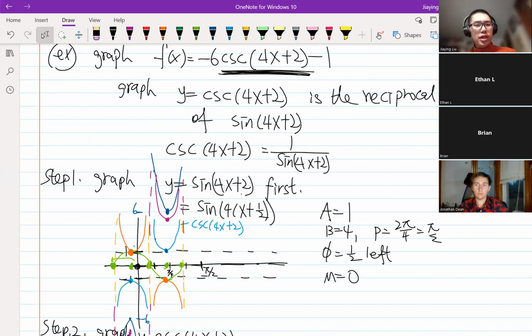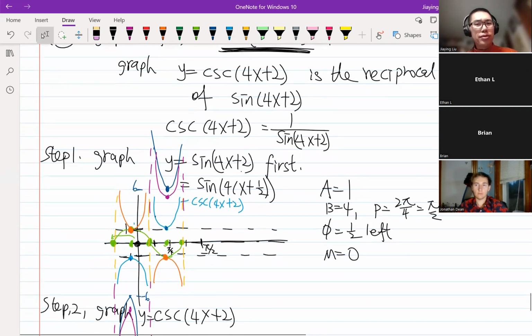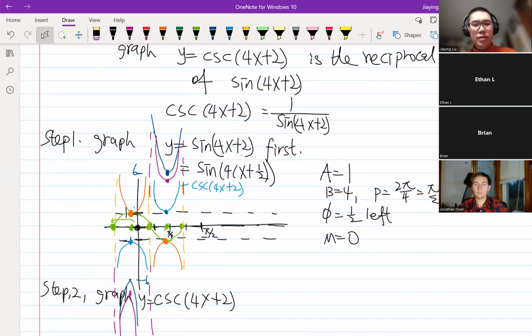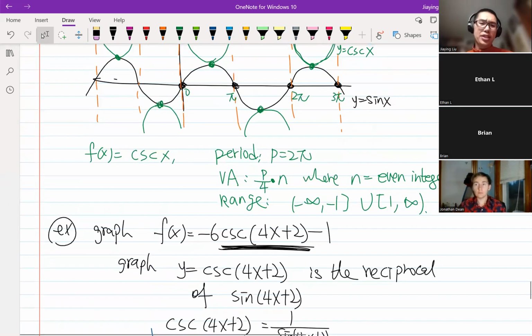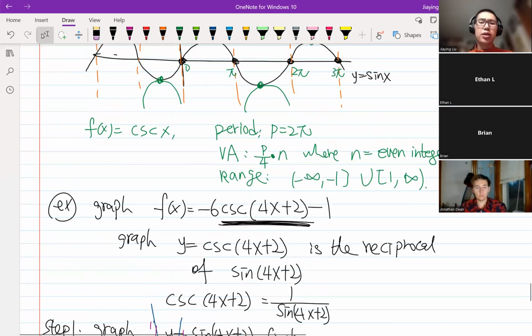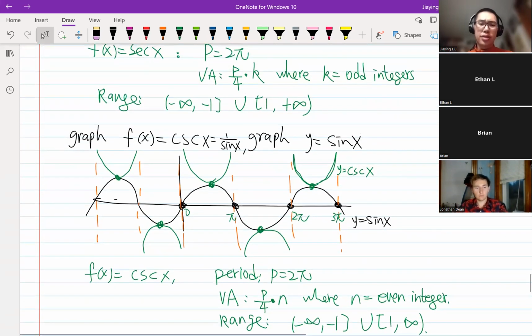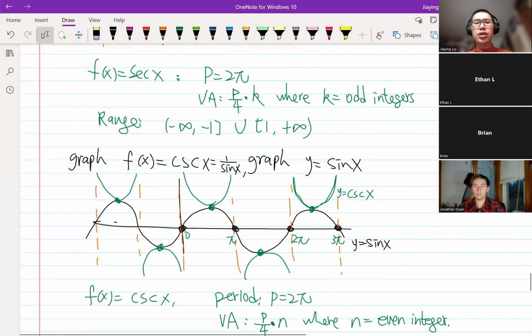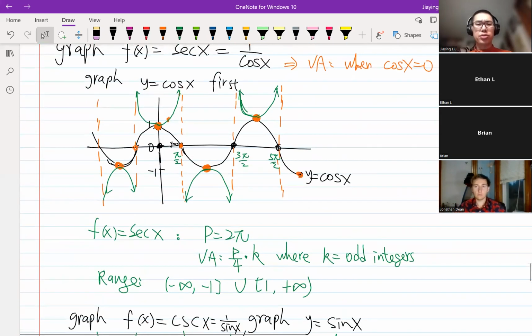Okay, so that was quite an example. Any questions on this? Or, well, I guess I'd say don't worry about the last example I did. Well, at least just pay attention to know what's going on. The cosecant x you have to know, the secant x you have to know. Those two, like how to quickly sketch them, and how to find the vertical asymptote.